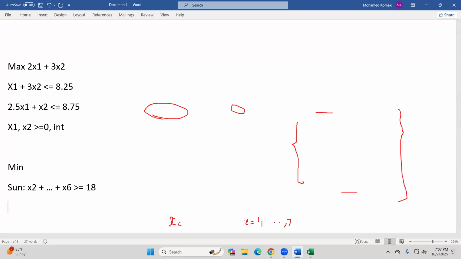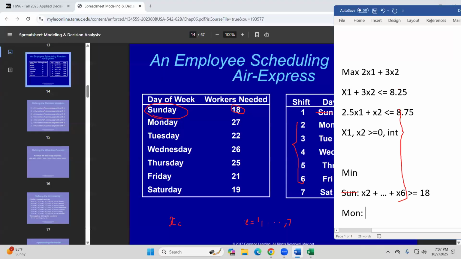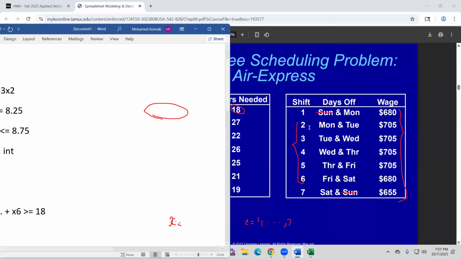Then you can do it for Monday. So who works on Monday? Let me remove all of this. On Monday, everyone works except X1 and X2, right? Do you all agree?